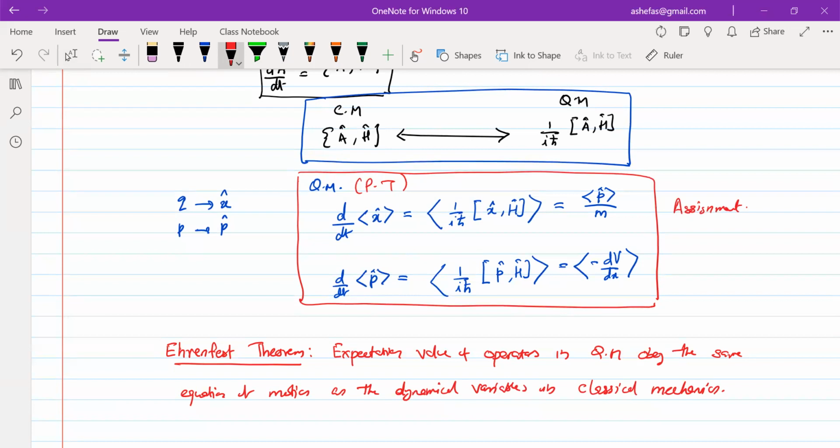In classical mechanics we know that dx by dt is nothing but p by m. So this is the equation of motion in classical mechanics.